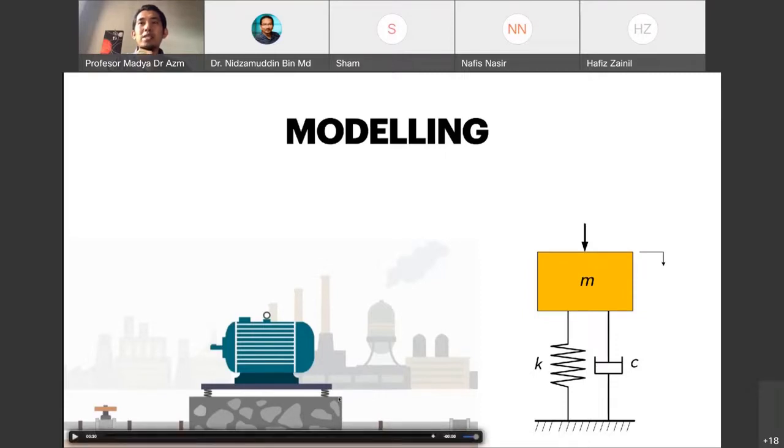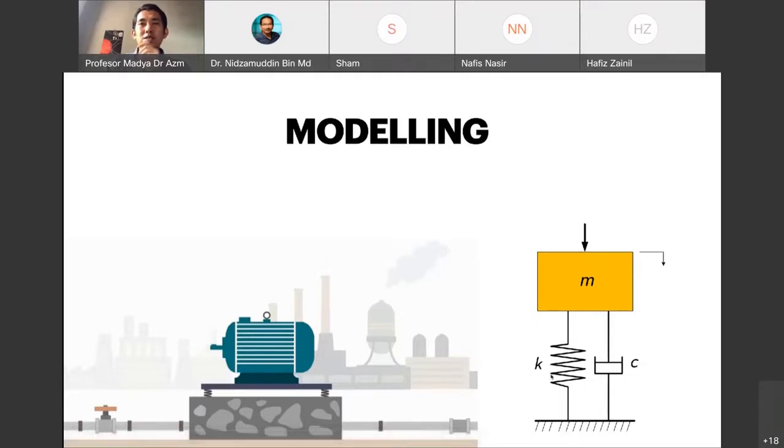Although in practice we don't use this model, for simplicity of the mathematics we use the viscous damper. The viscous damper is the damper that we find in our motorcycle, where we have the piston and the fluid inside the tube. It's a very simple model because the force is directly proportional to the damping constant, C.